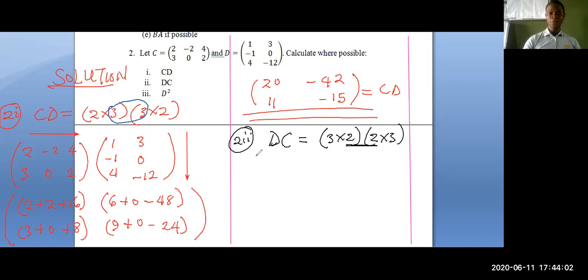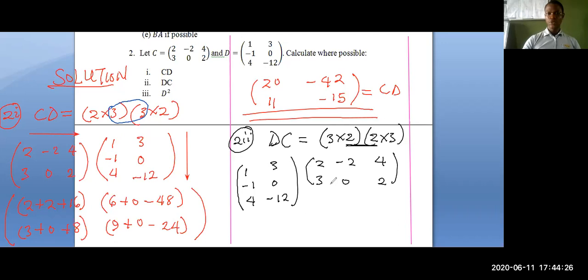All right, going ahead and multiplying D first, because it is DC: 1, minus 1, 4, 3, 0, minus 12. Multiply by C, and C is 2, 3, minus 2, 0, 4 and 2.